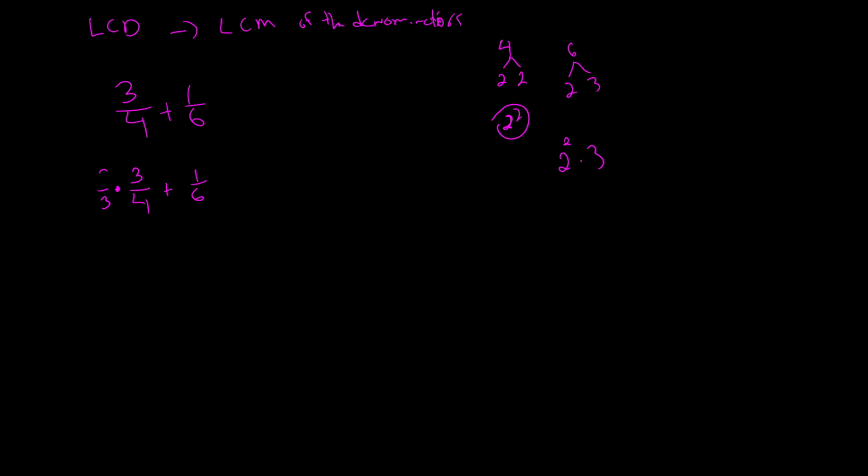So 3 times 4 is 12, and that's 1. So I don't change the value of this term. And 2 times 6 is 12. So I multiply it by 1, so I don't change the value of this term. And so I get 9/12 plus 2/12, or 11/12. And so the least common multiple that we found will help us find least common denominators, because we want the denominators to be the same to add them.